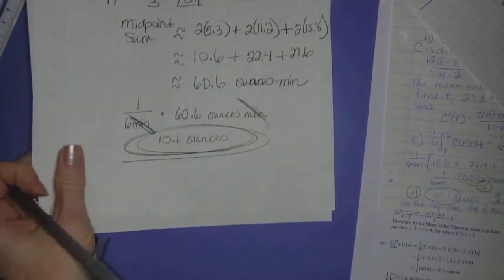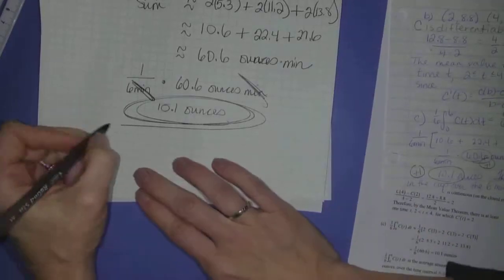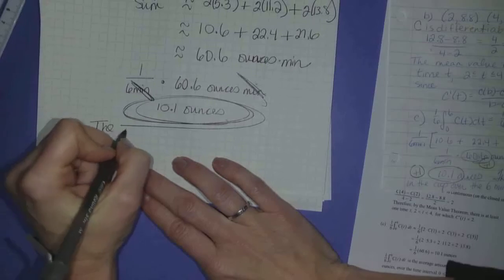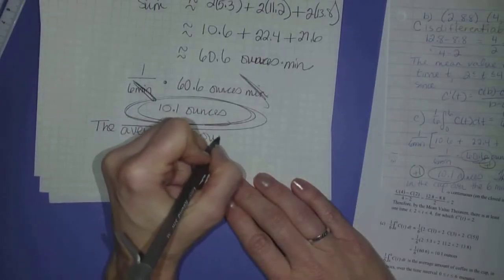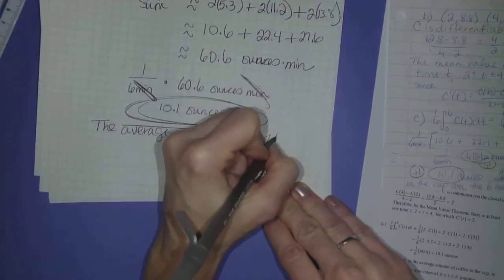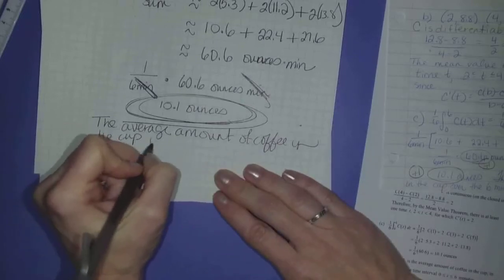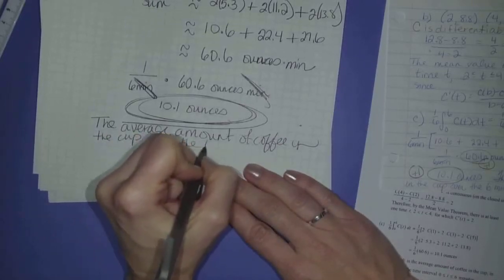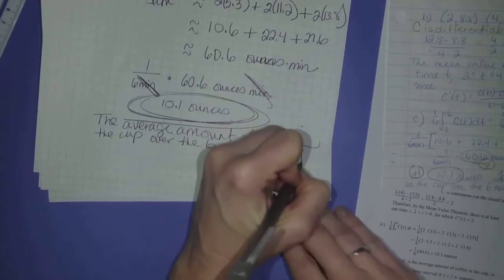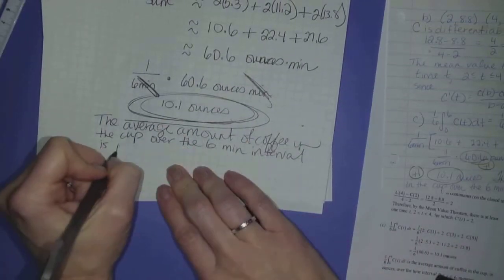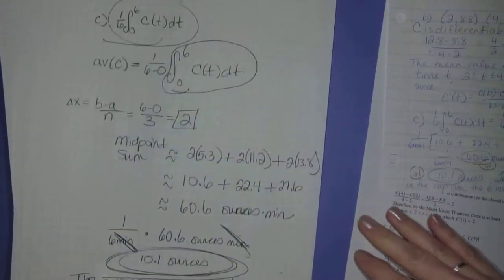So, final answer to this is the average amount of coffee in the cup over the 6-minute interval is 10.1 ounces.